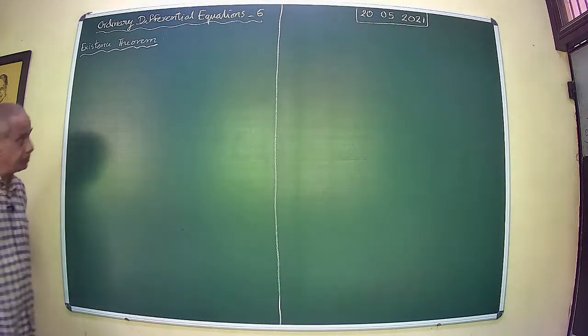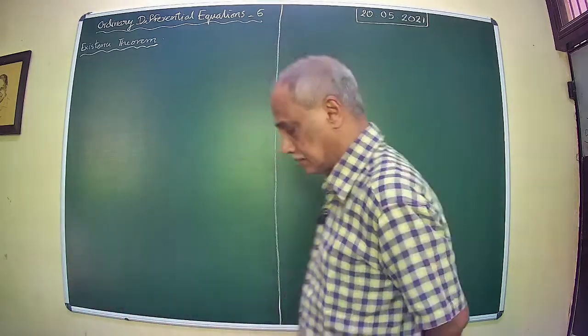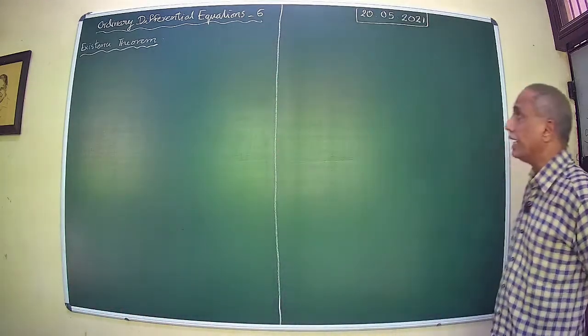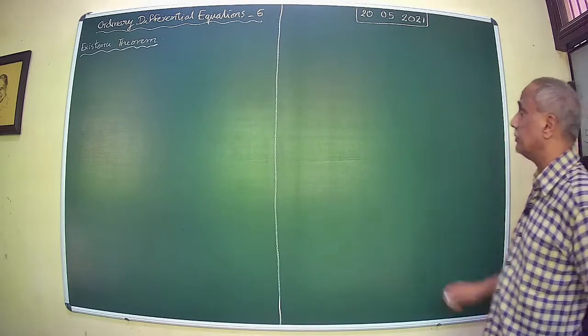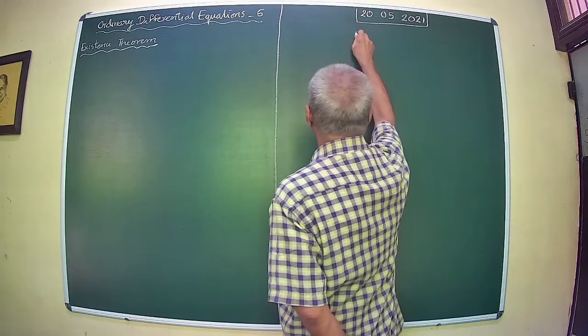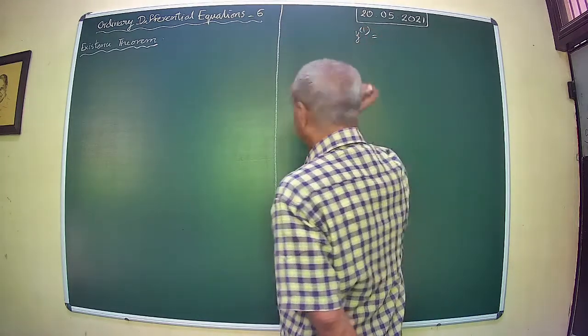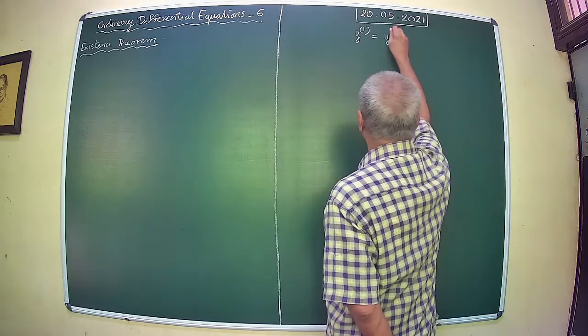Now let me continue from where I left last time. Just to get back to that non-uniqueness example which we have considered. I just recall it. This was this one, y derivative equal to y to the power 1 by 3.